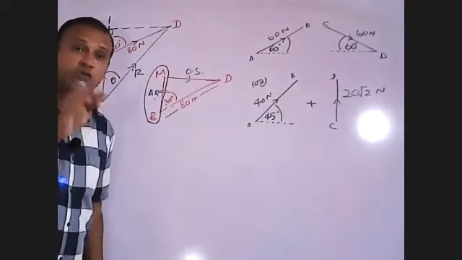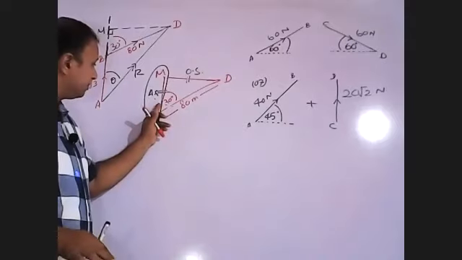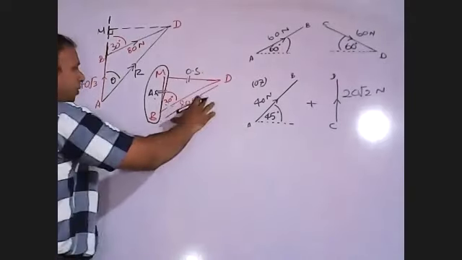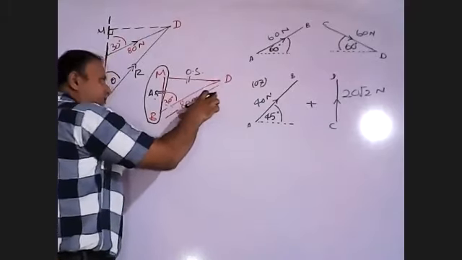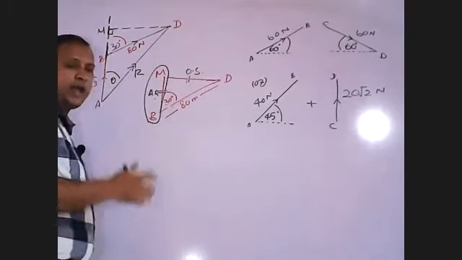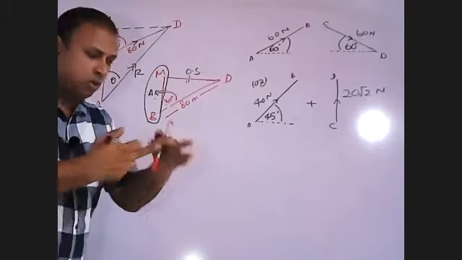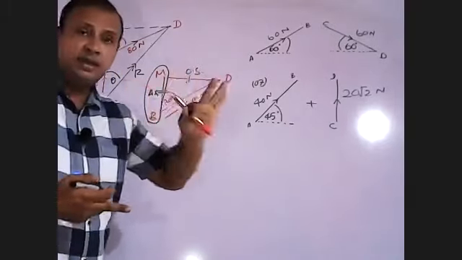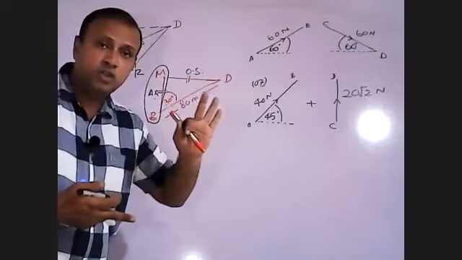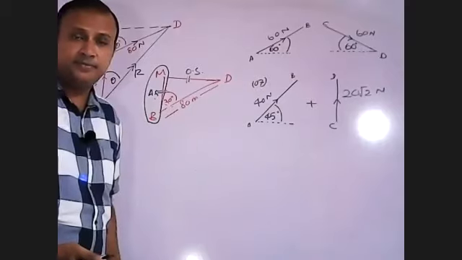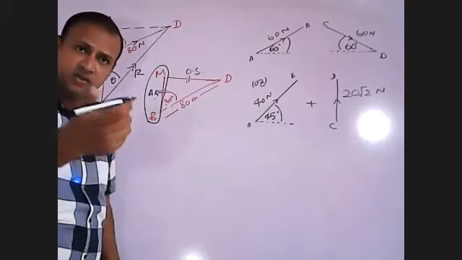So if you want to find the adjacent side, look at what are the known factors. The hypotenuse and this angle. So hypotenuse, adjacent side and angle. What is the trigonometric ratio that combines these three factors? It is cos theta, no?